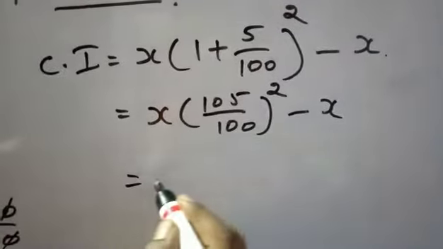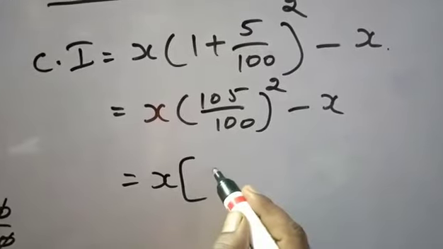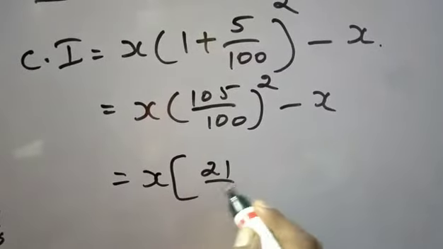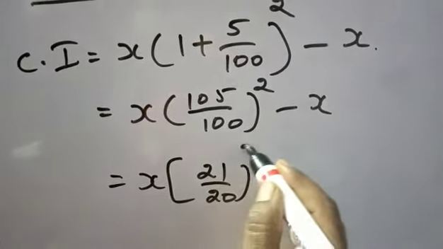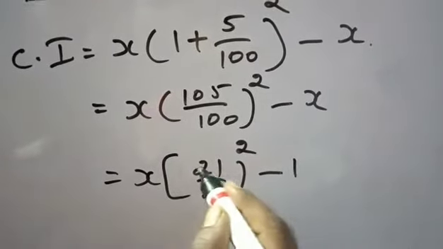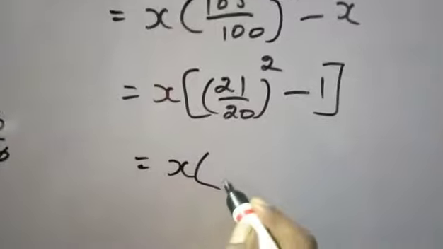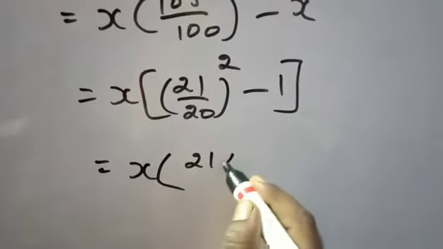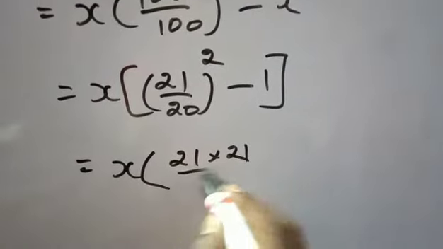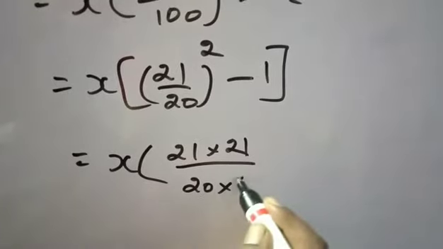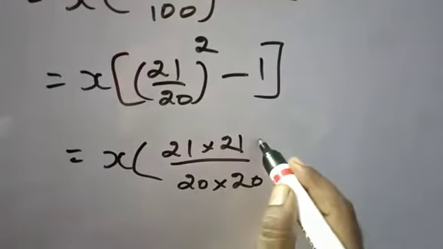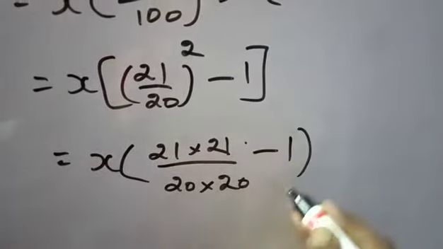We can take x out: x into (21 by 20) power 2 minus 1, x into 21 into 21 by 20 into 20 minus 1.